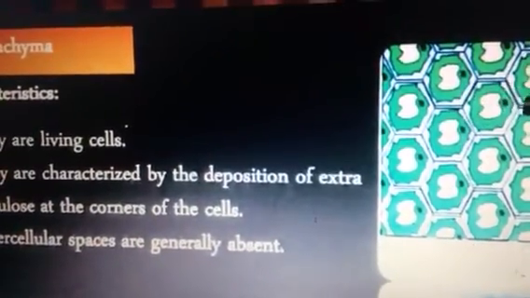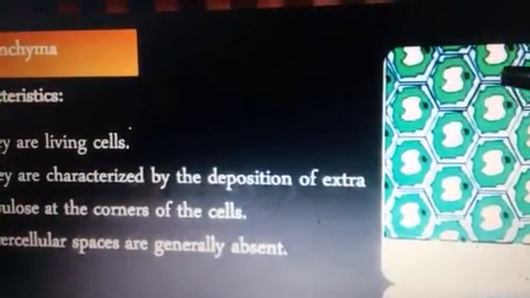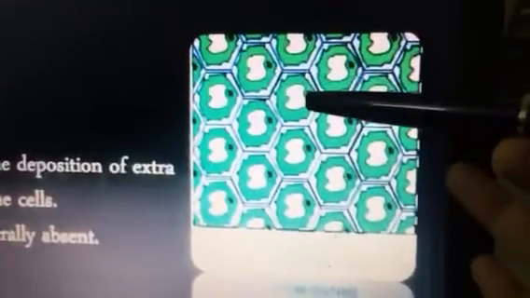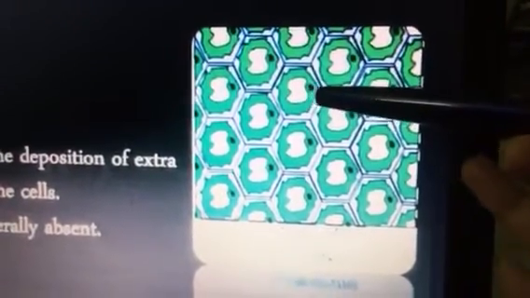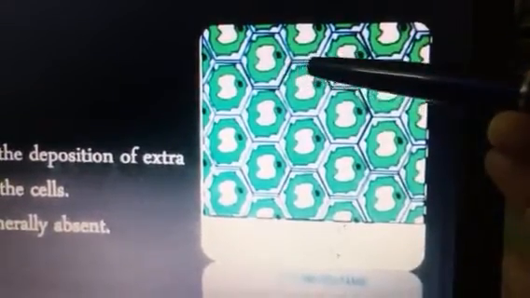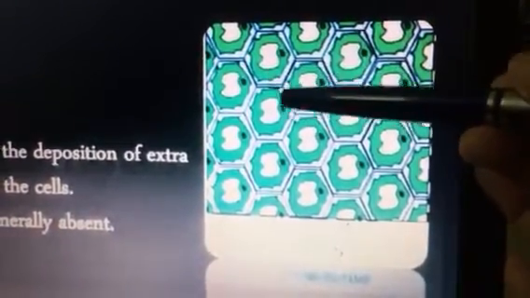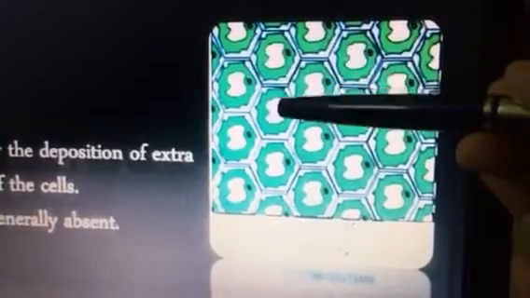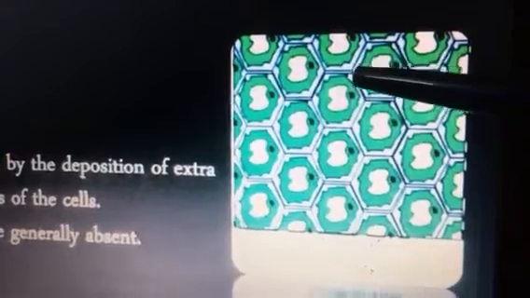They are placed close to each other, right? And they have a nucleus. This black dot depicts the nucleus. You can see that there are certain thickenings near the cell membrane. That's why they have less lumen space.